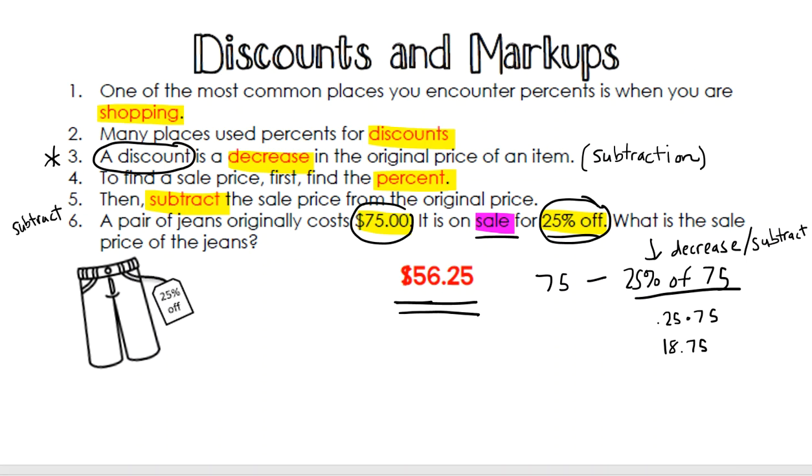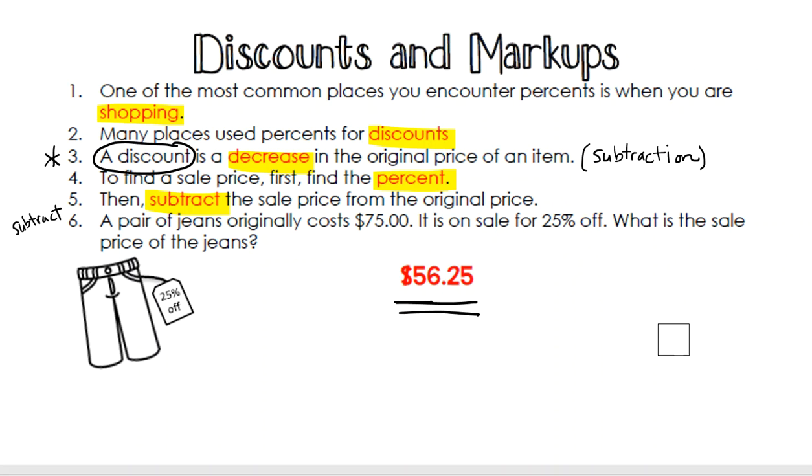Now that's one way you can do this. I'm actually going to show you another way that you can do this, which some of my students think is a lot easier. Okay, so if we say the $75 is 100% of the total, so 75, that's the 100%. If the jeans are on sale for 25% off, well, if I take 100% and I minus 25%, that gives me 75%.